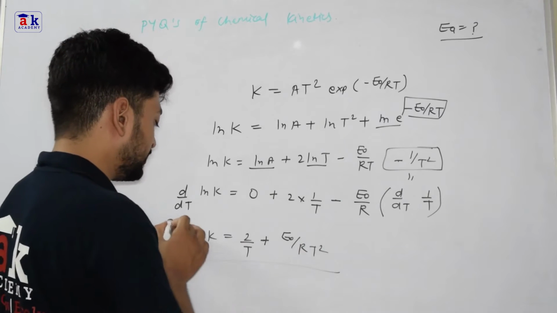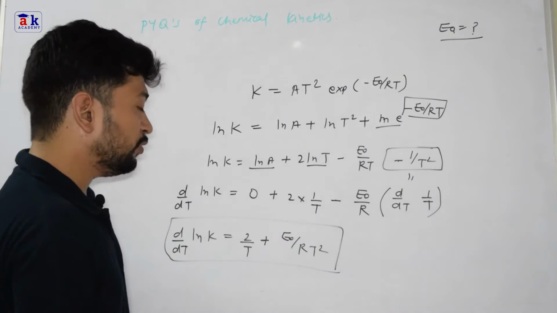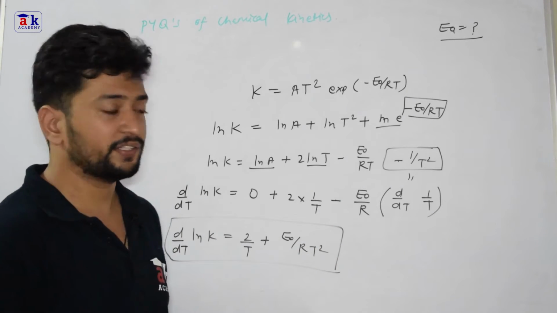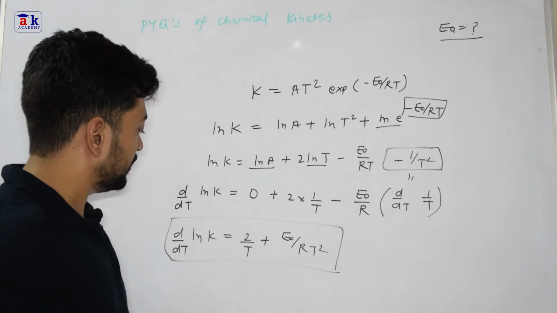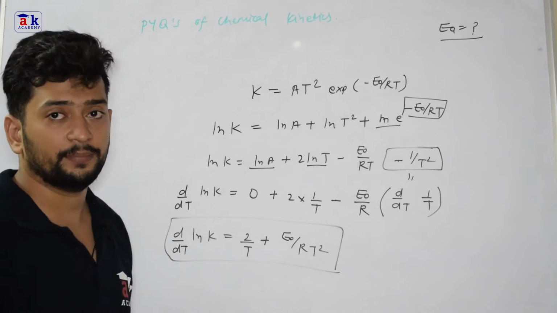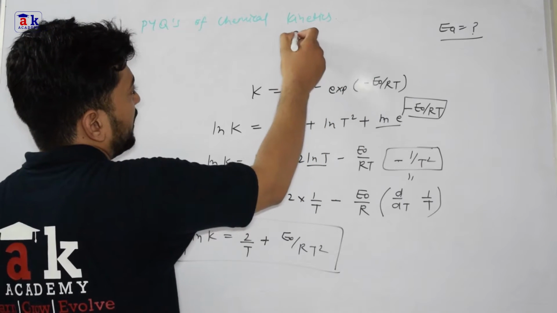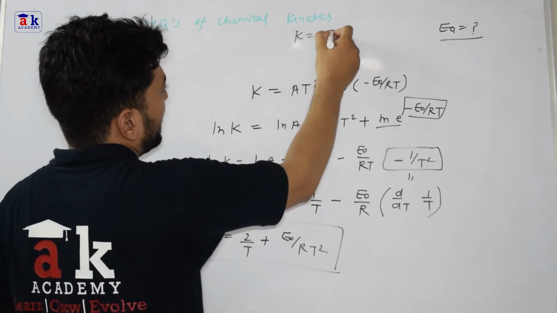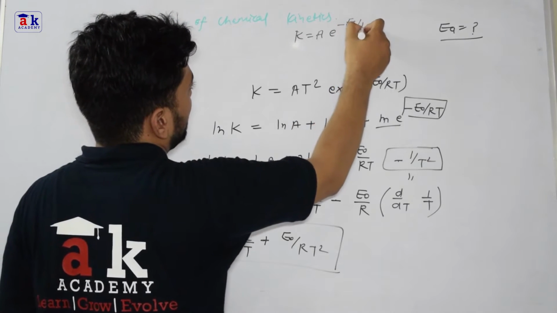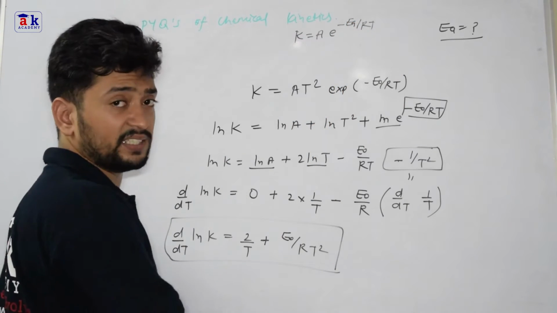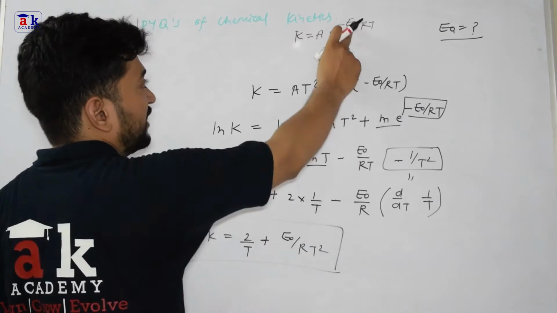So you got this much, but you have to find out the energy of activation. As you can see in this equation, there is no Ea term, right? So how can you find it out? What we know is K = Ae raised to −Ea/RT. This is the equation where activation energy is present.